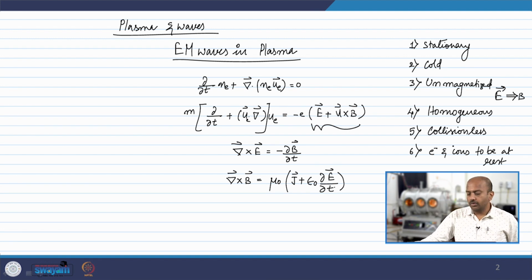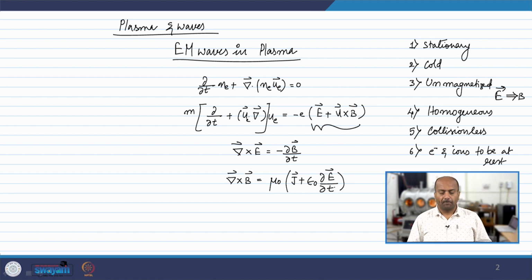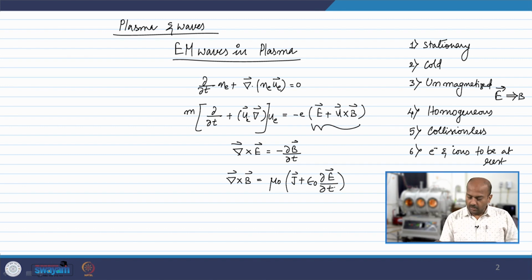These two are the Maxwell equations that we require. The other Maxwell equations are ∇·B = 0, and ∇·E = ρ/ε₀. Let us call these equations 1, 2, 3, 4.